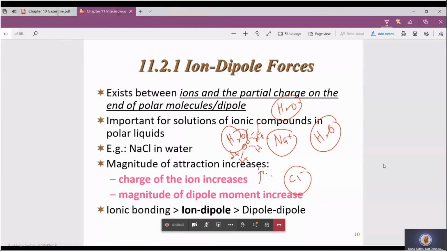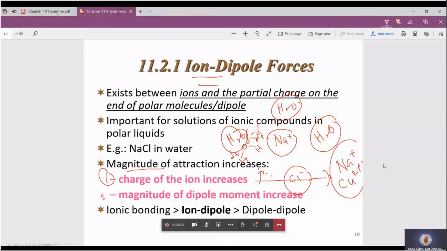So the ion dipole force depends on the magnitude of the attractions. The attractions of ion dipole force depend, number one, on charge. Let's say we have different charge here, between Na plus and Cu2 plus. Which one has the highest charge? It has the highest magnitude of ion dipole. Number two, magnitude of dipole moment.